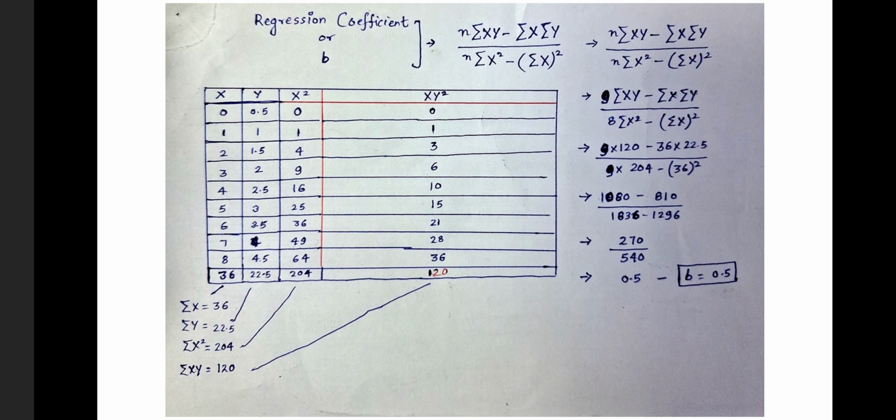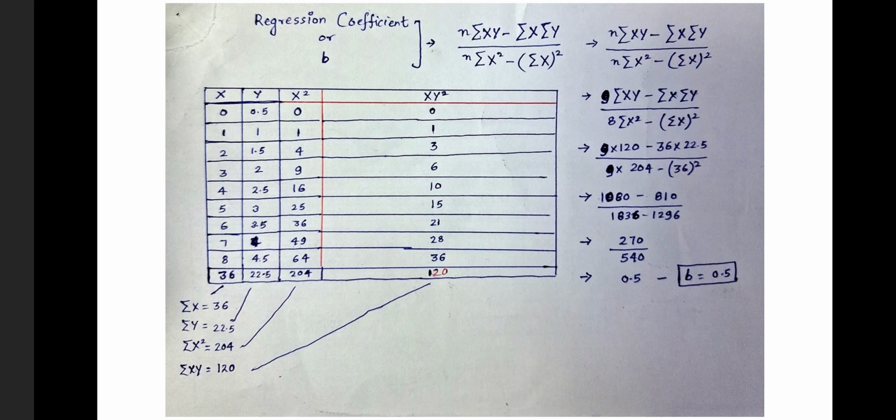So if you use this formula, first of all we will total the values. The total of rainfall in centimeter is 36. The total of the rice growth in centimeter is 22.5. The square of each value of rainfall in centimeter is 0, 0, 1, 1, 2 squared is 4, 3 squared is 9, and this is how the total will be 204.